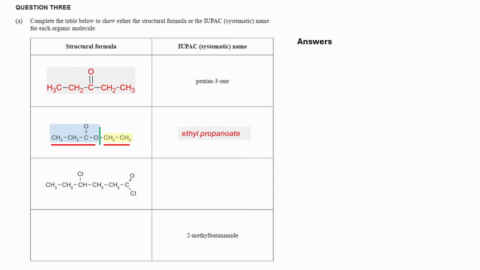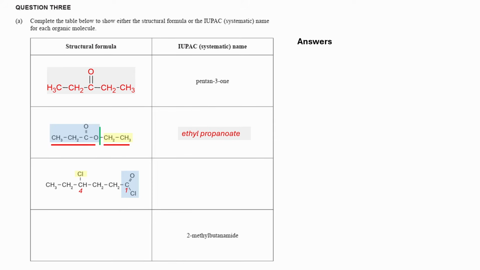This one here, the next molecule, we can see that there are, how many carbons? 1, 2, 3, 4, 5, 6 in a chain. And it has the acid chloride functional group on the end, so it's going to be hexanoyl chloride. But there's a chlorine. Now, we need to remember that this chlorine is off the 4th carbon because we always start our numbering from the functional group on the end.